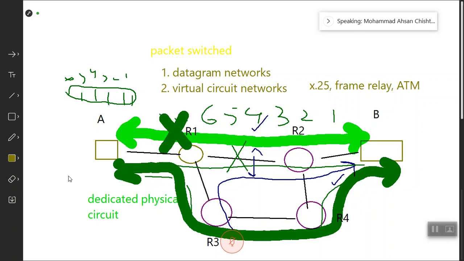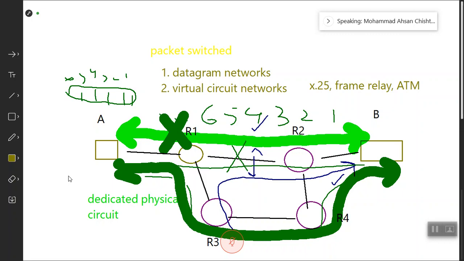Failure would take some time to recover because negotiation between A and B to complete a circuit, to actually make a circuit, takes some time. All right. This is basically a virtual circuit.